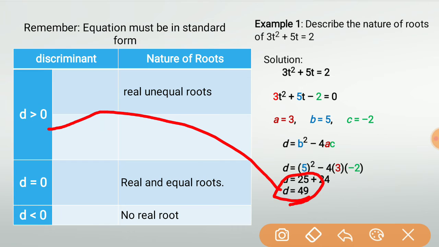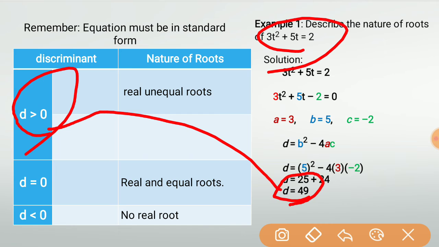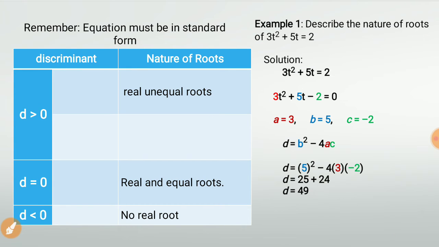If the value of D is 49, and we know 49 is greater than 0, so you can say in this equation the value of discriminant is greater than 0. If it is greater than 0, then the root of the equation is real and unequal. So this equation has real and unequal roots.